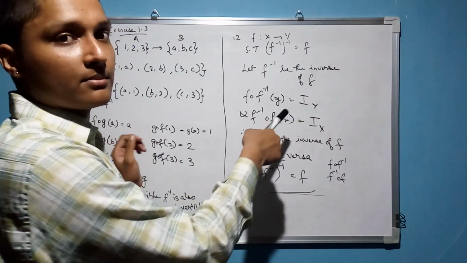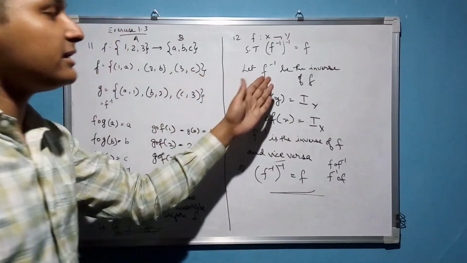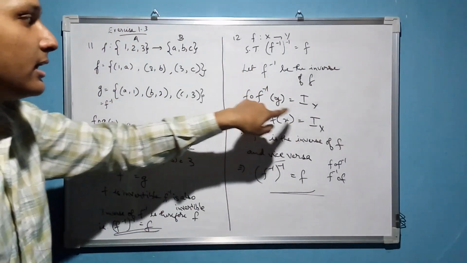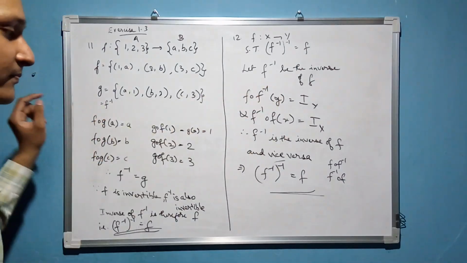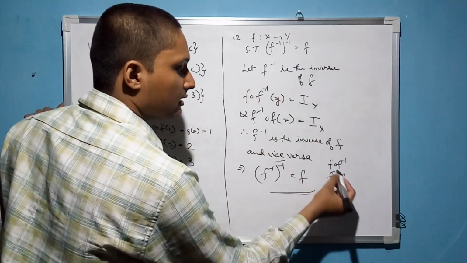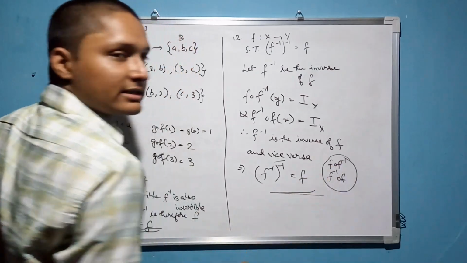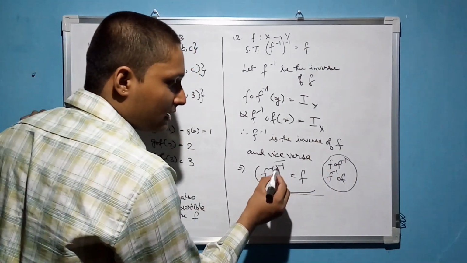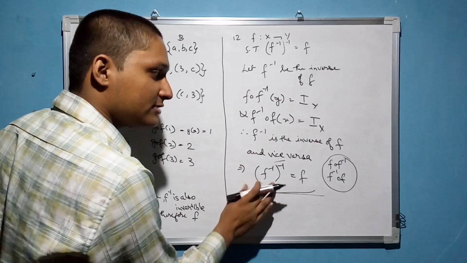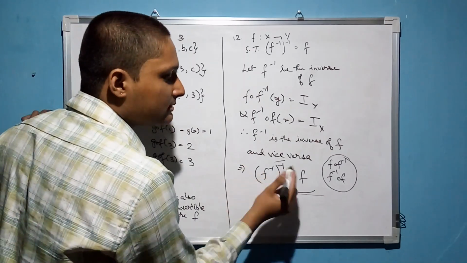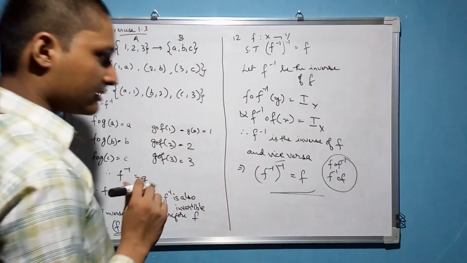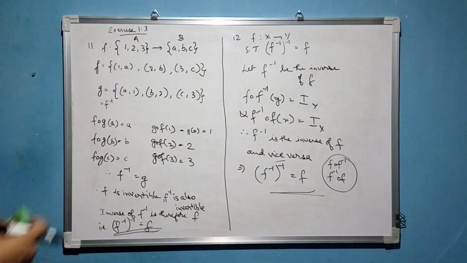That's what you have proved here based on the given statement. When f inverse is the inverse of f and these two conditions are satisfied, then these two conditions are also satisfied for f. So f inverse is a function now, and the inverse of that will be f here, right?